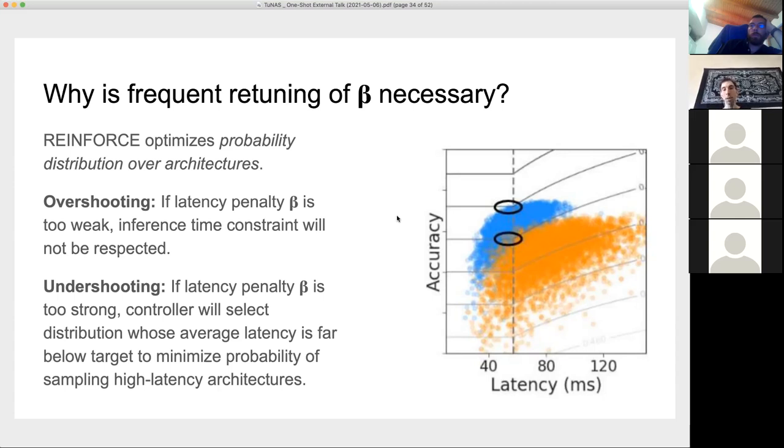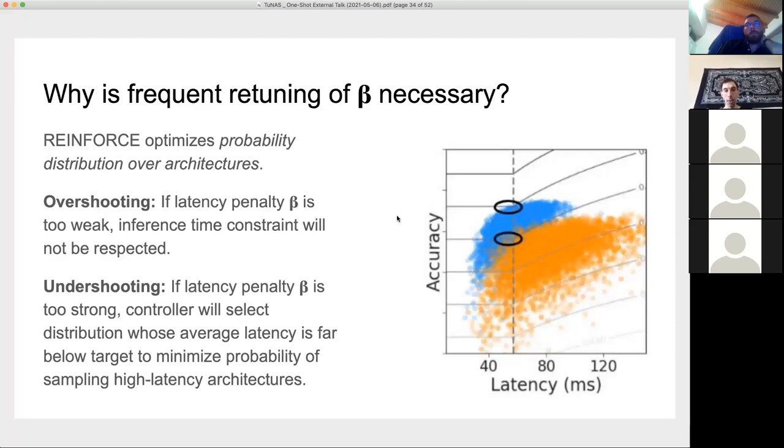And here's where something very interesting happens. REINFORCE is actually dealing with the probability distribution of our architectures. And ideally, what we would want is that it focuses on a distribution whose median is maybe just a little bit to the left of the latency limit, just slightly below the limit.